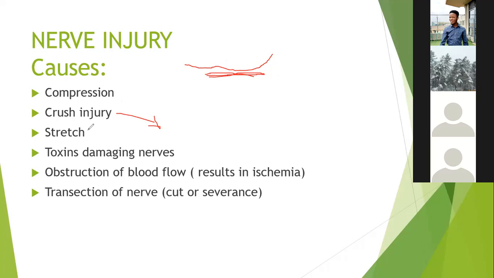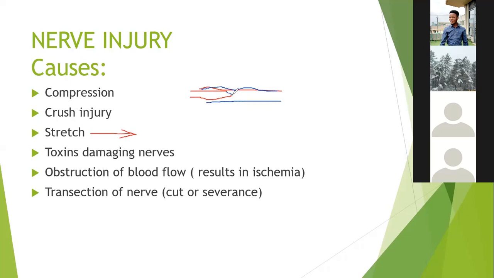Now, when it comes to stretch, I'm sure most of you have encountered this damage. So you are going to try and get something, and all of a sudden you are stretched beyond what is normal. If you had an axon, a neuron, remember we talked of the epineurium, no, not the epineurium, it's the endoneurium that was surrounding the myelin sheath.